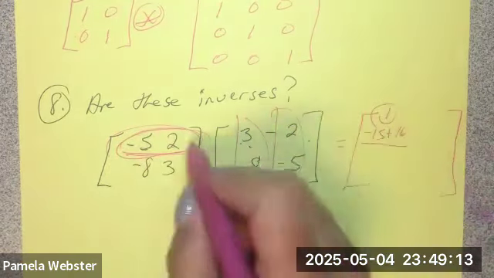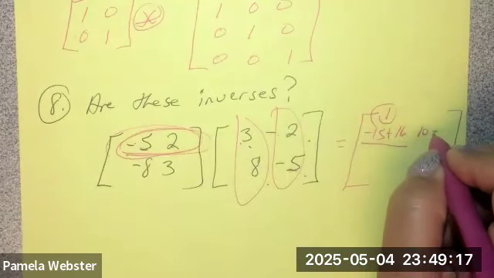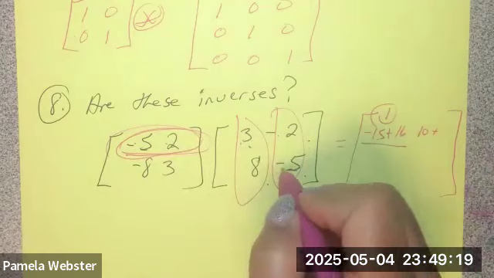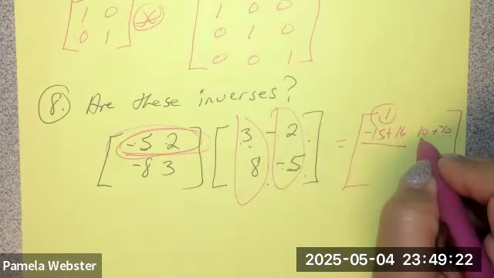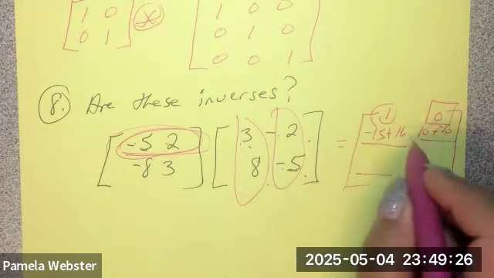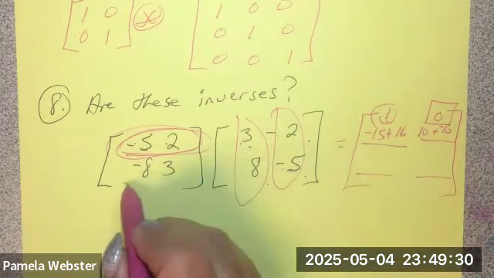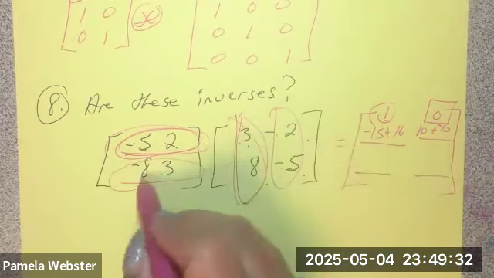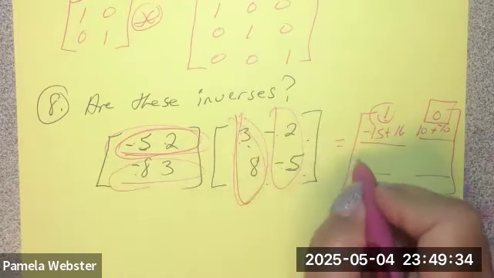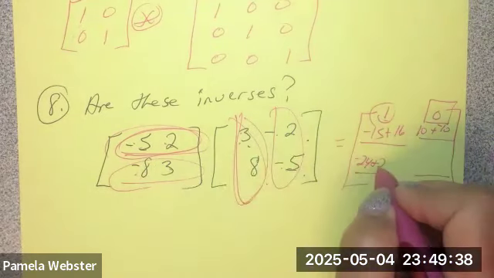First row times second column. -5 times -2 is a +10 plus 2 times -5 is a -10. That's a 0. Hey, that's also what I needed. 1, 0. This guy better be a 0, right? Second row times first column. -8 times 3 is -24 plus 3 times 8 is 24.